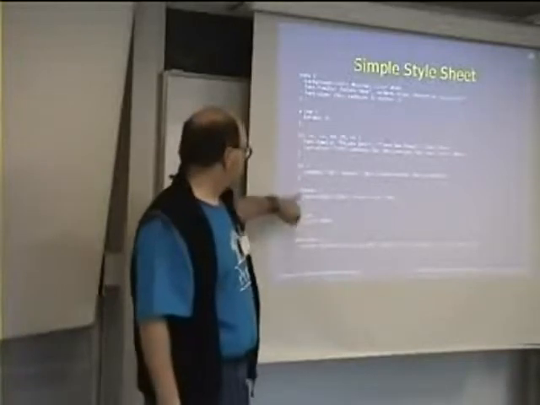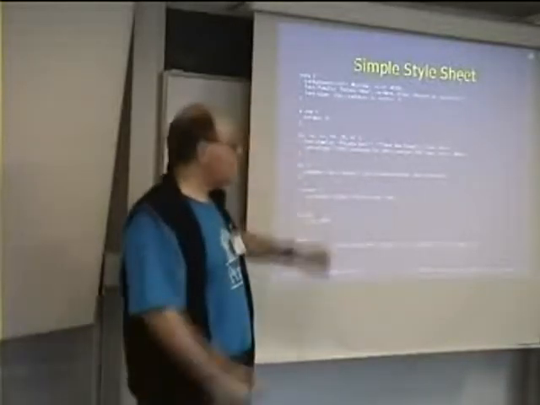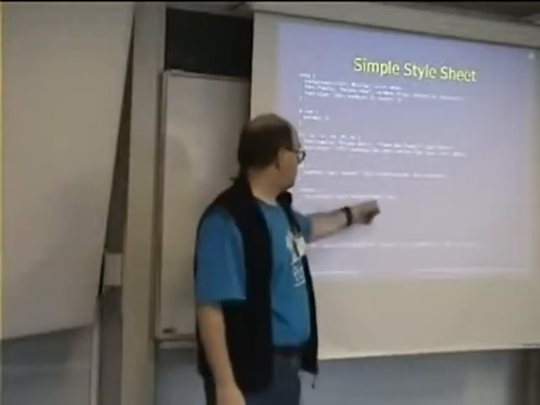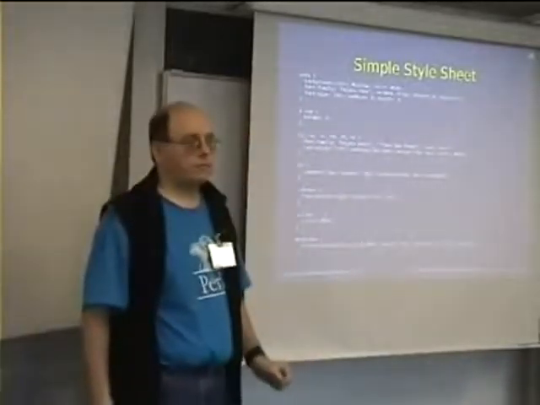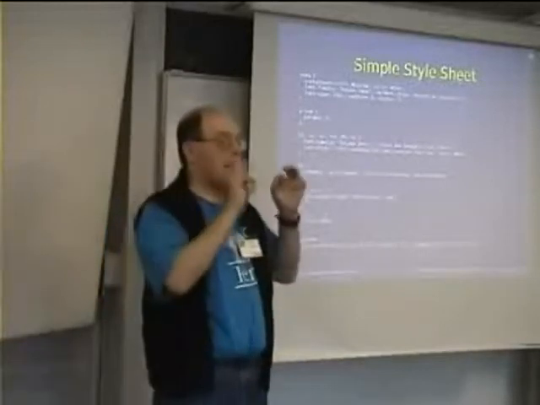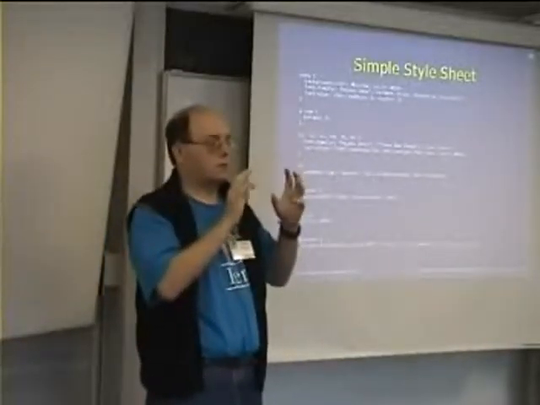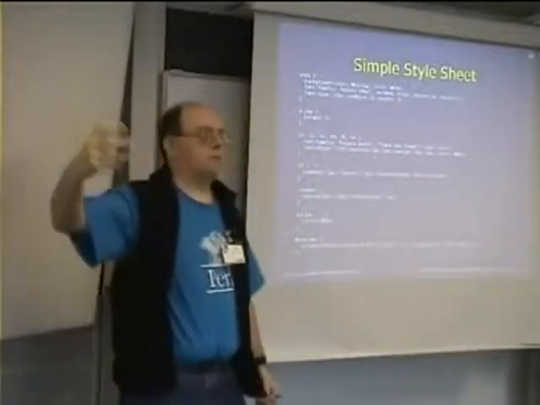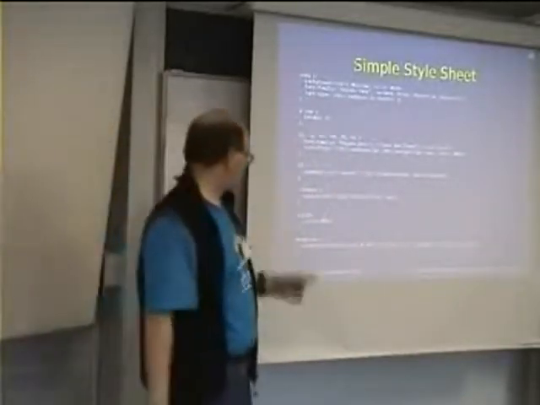Dot footer is a class. So anything which I now say is class dot footer will be text aligned right and have a top margin of 40 pixels. And you can have multiple classes for the same object. So it can have class right important, and it will combine the two rules.